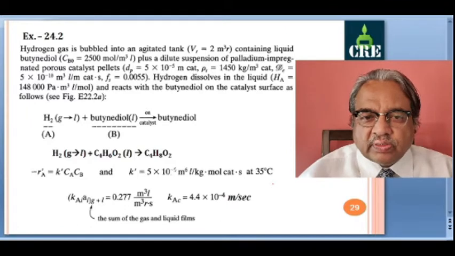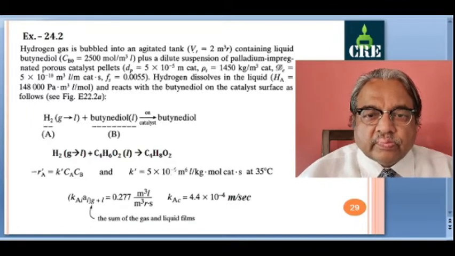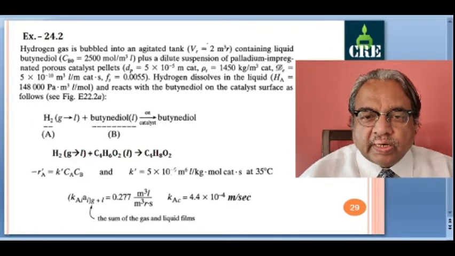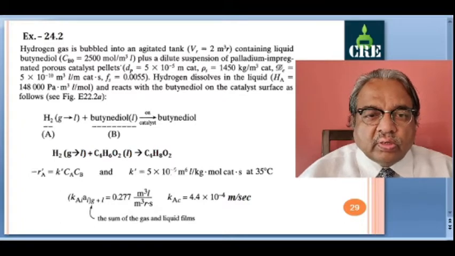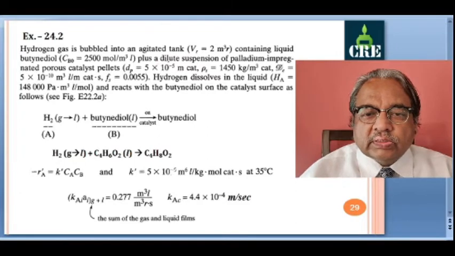The procedure is almost similar. Here VR is given, volume of the reactor 2 meter cube, containing liquid with concentration Cb of butanediol, Cb0 is equal to 2500, plus a dilute suspension of palladium impregnated porous catalyst.